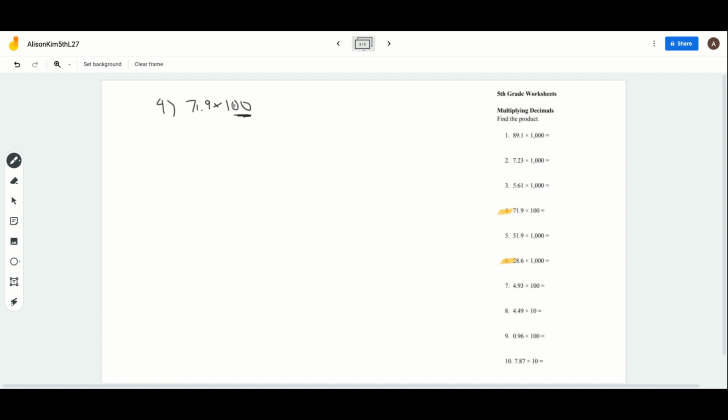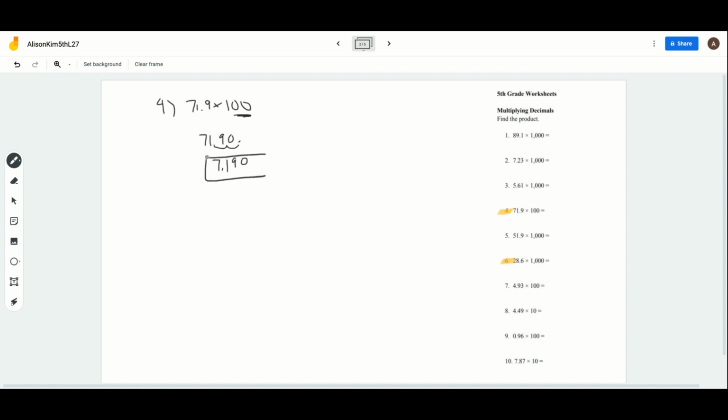As we can see here, 100 has 2 zeros, so we're going to move the decimal point in 71.9 to the right 2 times. So 1, 2, and the decimal ends up behind the 9 and 0, placing the 0 as basically a place value, I guess you can say. We get 7,190 as our final answer.